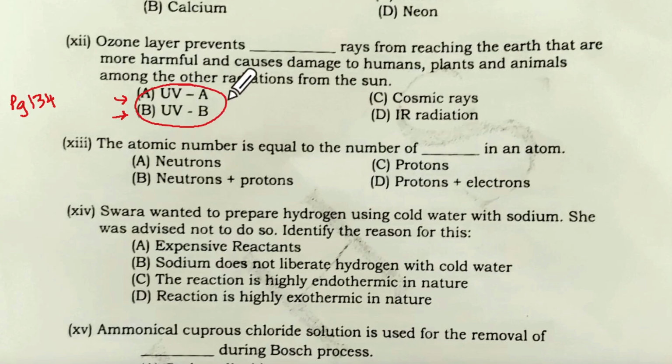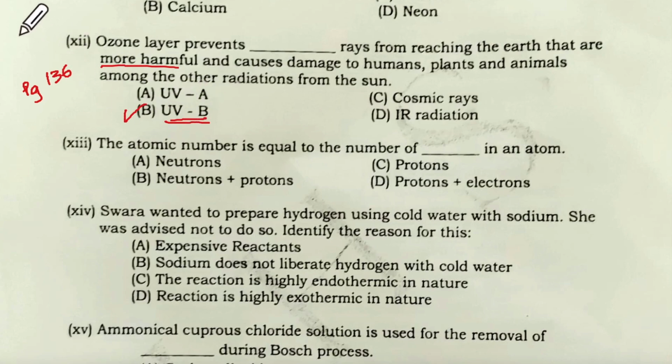I do not know about this. So you just read. Where is it written? It's on page 136. What is written? Be quick. UVB are more harmful and cause damage to humans, animals, and plants. So more harmful means UVB it is. So I remember UV, but A and B, I skipped that.